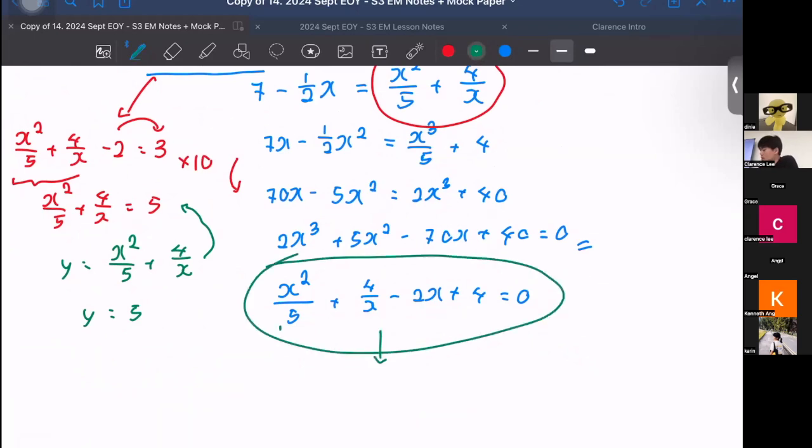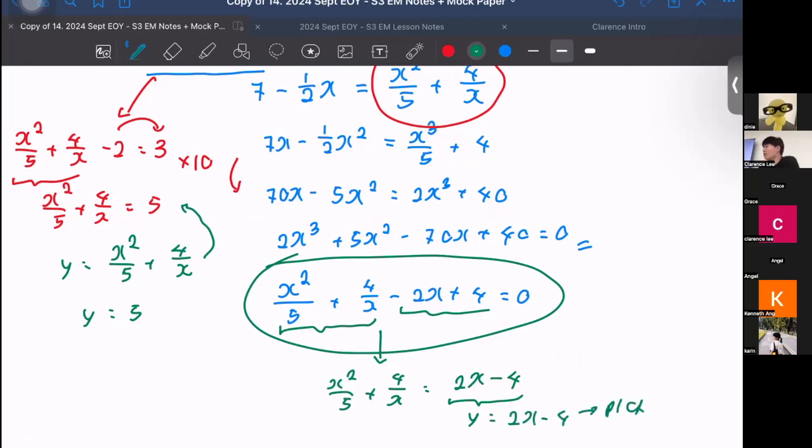So same thing, this is what you had. So everything else, bring over, you will get x squared over 5 plus 4 over x equals to 2x minus 4. And then now you will be asked to draw this particular line over here. Y equals 2x minus 4, you must plot. Plot the line equate with the curve, intersection points will be your solution.